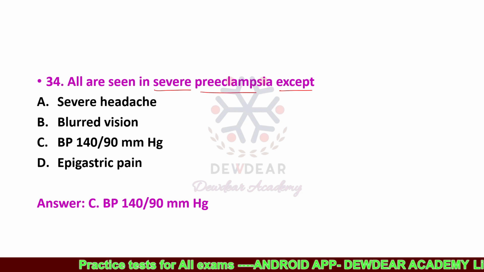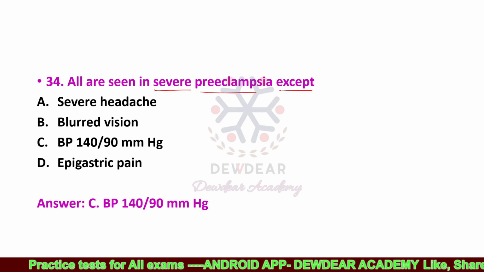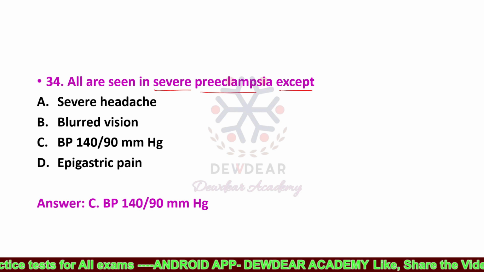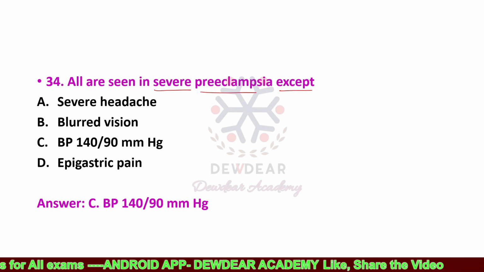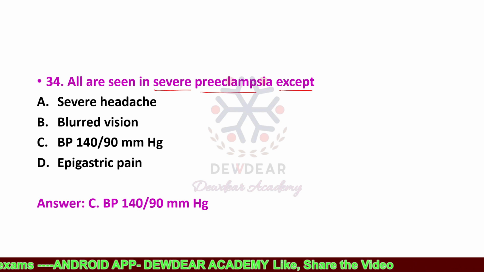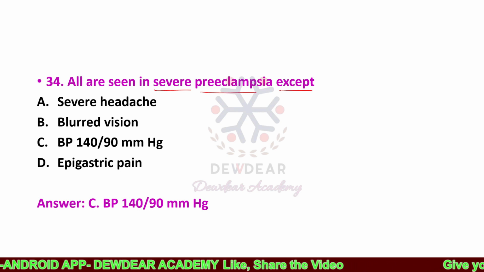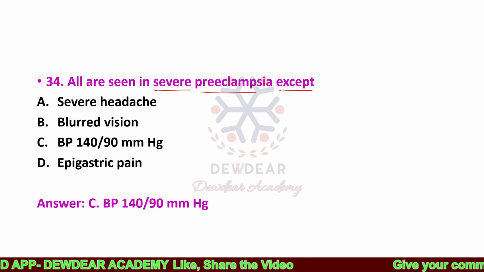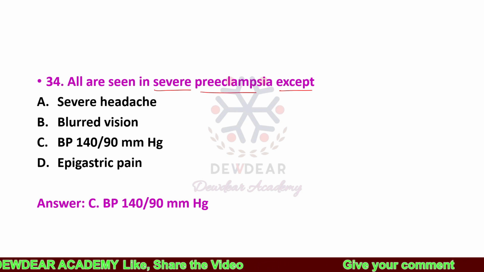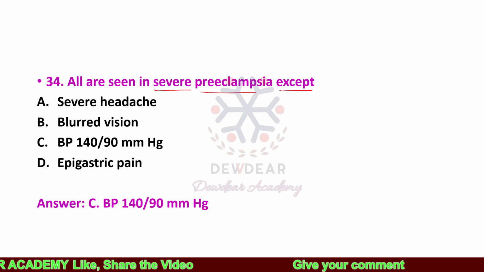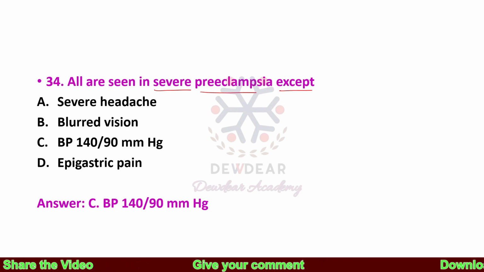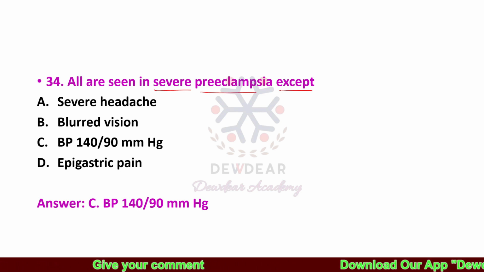So here the correct answer is option C, that is BP 140/90 millimeters of mercury. Because in case of severe preeclampsia, BP will be 160/110 or higher. So all other features, there will be severe headache, and the cerebral or visual disturbances like blurred vision will be found, and also epigastric pain.